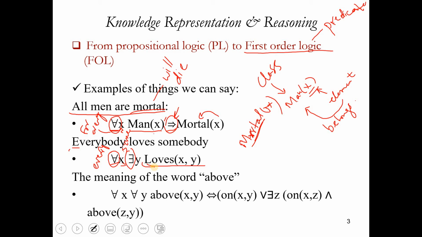So for every x there are some y. If x represents all of humanity, 7 billion people, there are some y, some people, father, mother, brother, sister, belonging to that category, not all. So for every x, for whole humanity, there are some people whom they love.